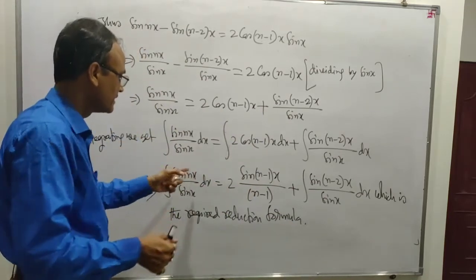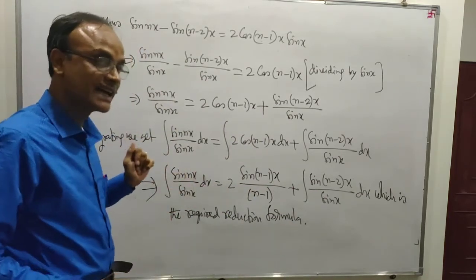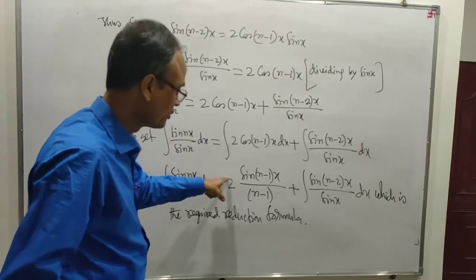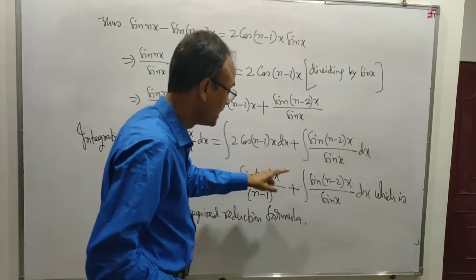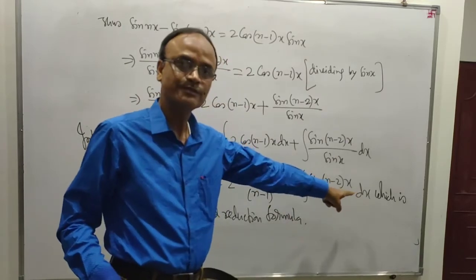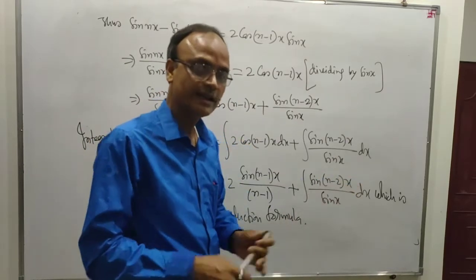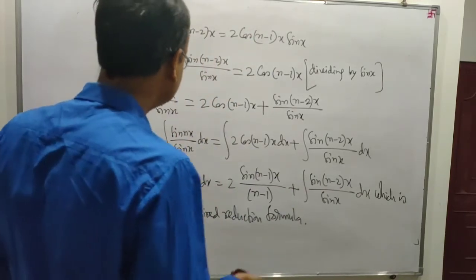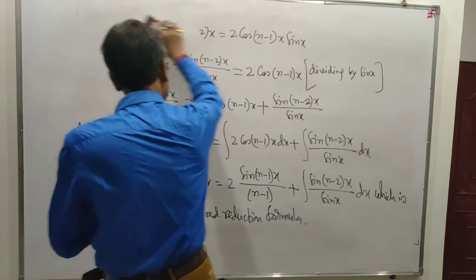You may denote this by I n. Then I n equals 2 times sin (n minus 1)x divided by (n minus 1) plus I n minus 2. First part has been proved.